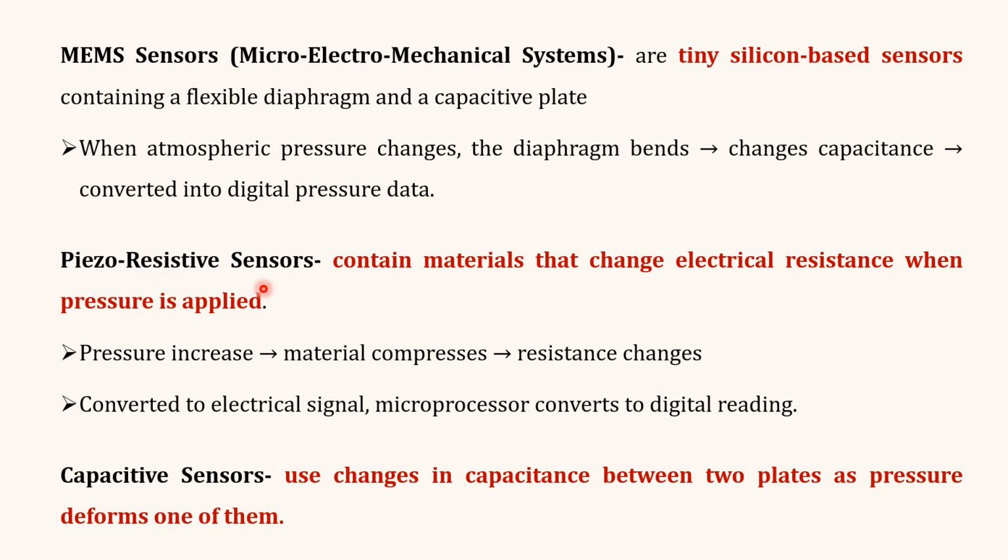Piezoresistive sensors contain materials that change electrical resistance when pressure is applied. So, when pressure increases, the material compresses and resistance changes. This change in resistance is converted to an electrical signal, which, with the help of a microprocessor, is converted to a digital reading. And the capacitive sensors use changes in capacitance between two plates as the pressure deforms one of them.